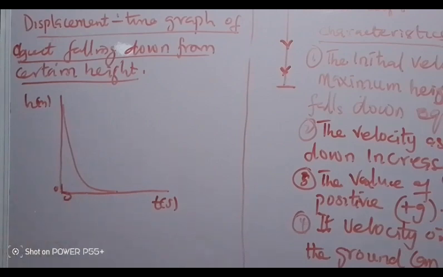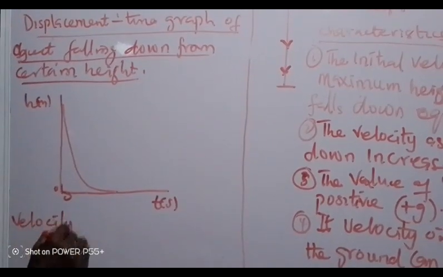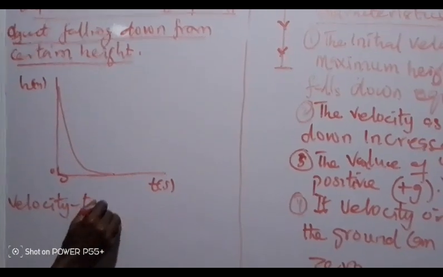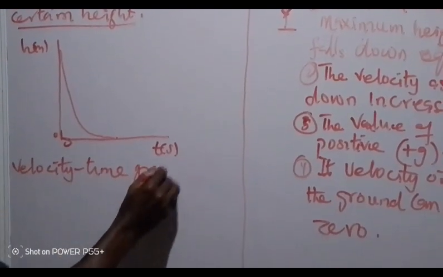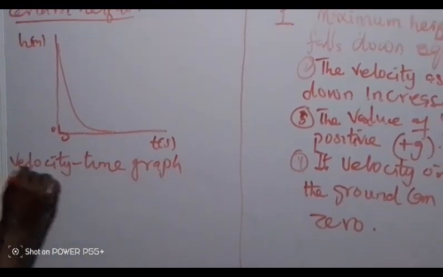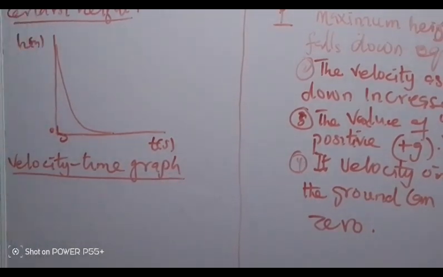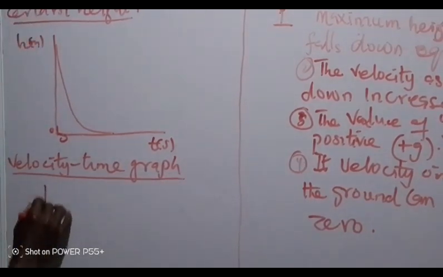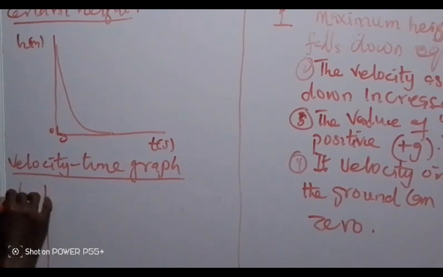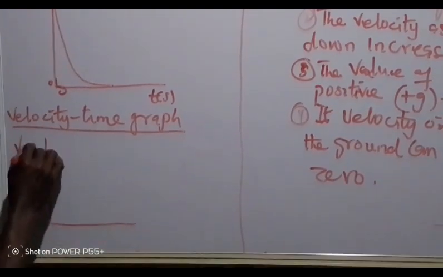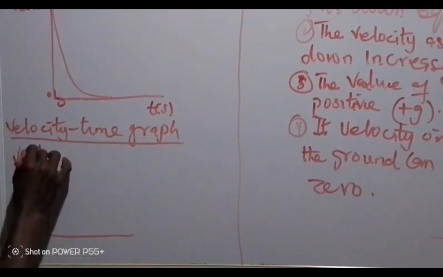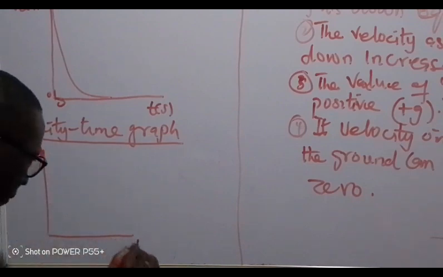The next one is the velocity time graph. Velocity on the vertical axis in meters per second, and time in seconds, 0.